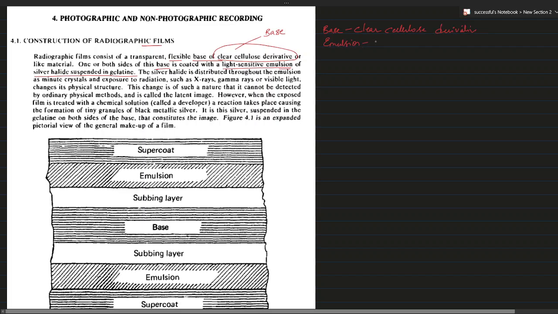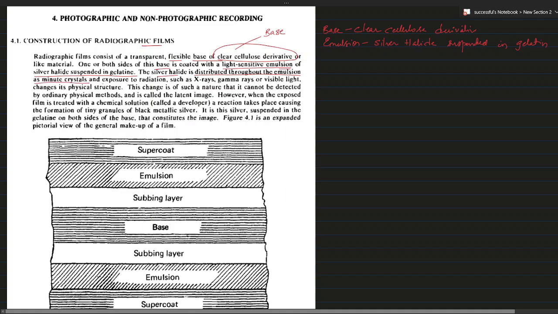What does the emulsion contain? Silver halide suspended in gelatin. The silver halide is distributed throughout the emulsion as minute crystals.